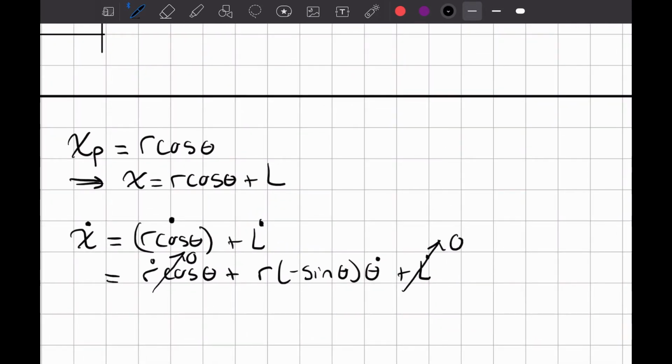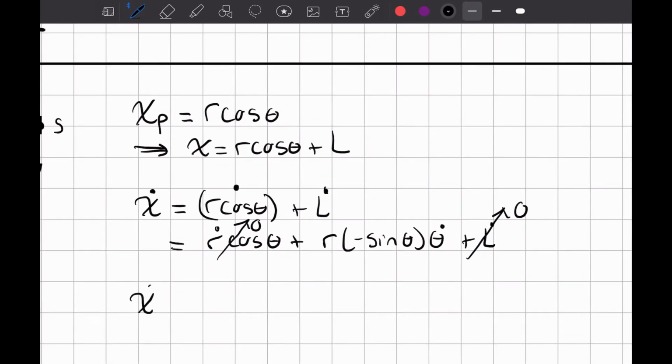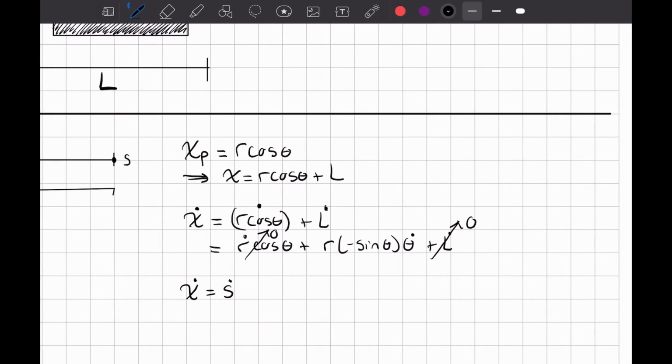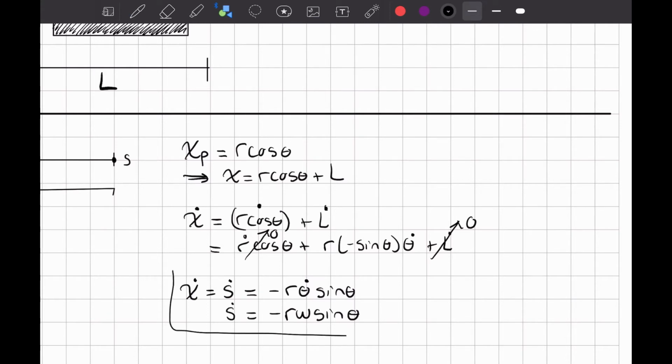So that also is 0. So X dot, which we will just call S dot, which is the velocity of the shaft, is just going to be equal to minus R theta dot sine theta. And then if we want to write it in the parameters that we were given, that's just going to be minus R omega sine theta. Okay, and we can box that up.